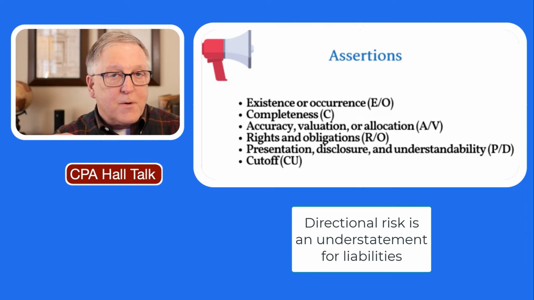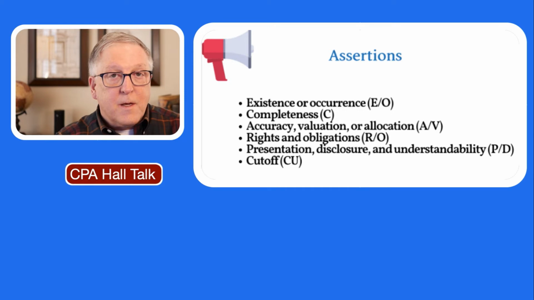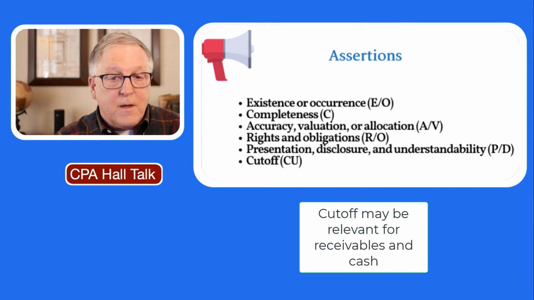If management's trying to play with the numbers and make the company look better than it is, then they're going to understate the liability. So completeness is quite often a relevant assertion for liabilities. So for assets, existence usually is in play. For liabilities, completeness is usually in play.